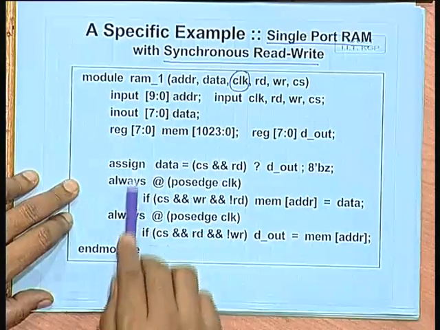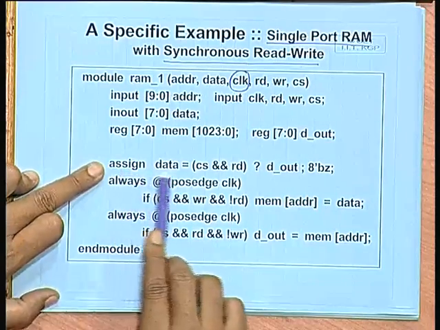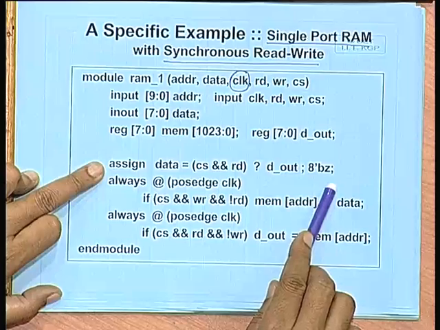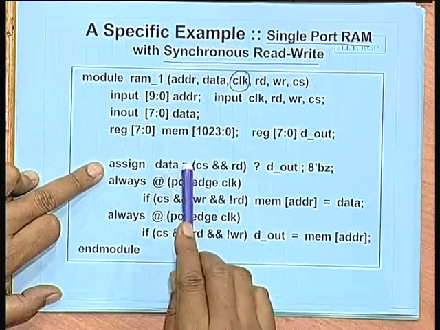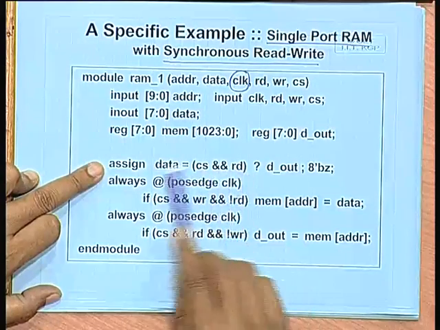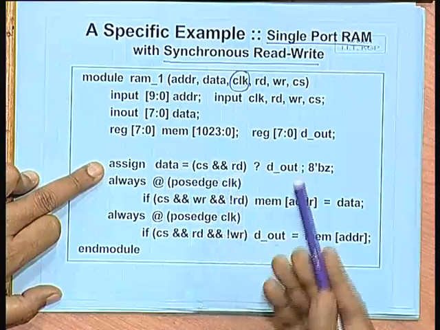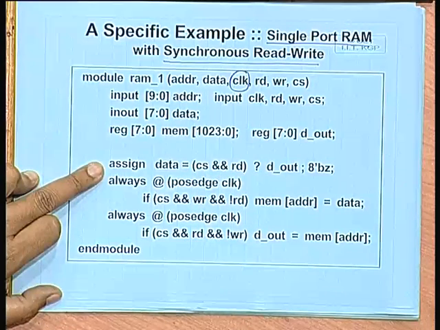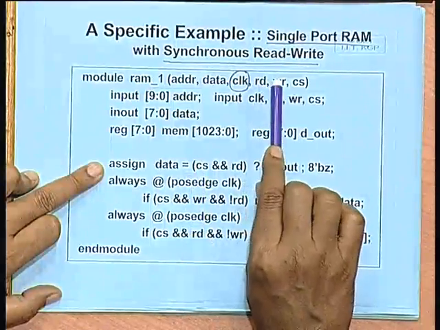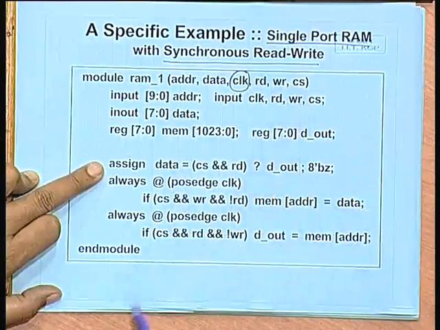Now, you see the way we have given this. The first one is a continuous assignment statement. Data is assigned a value depending on chip select and read. The data will be assigned a value only if it is a read operation, which means that the chip select is active. We are assuming that all the signals are active high in this example.